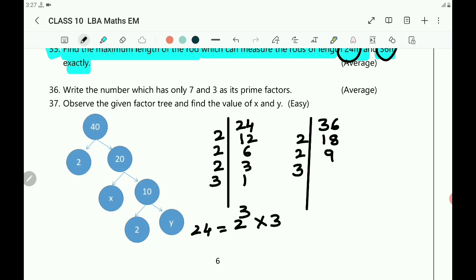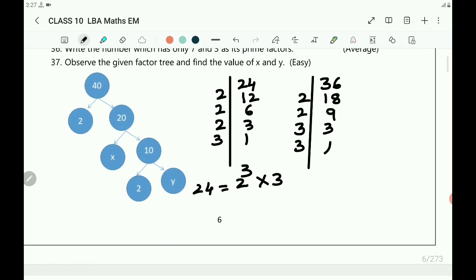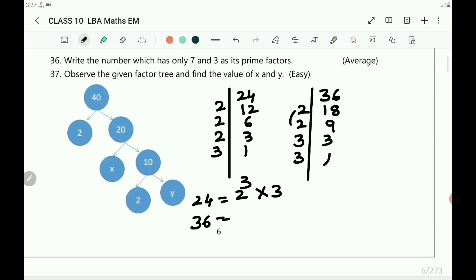So you divide it by 3. 3 3s are 9. 3 1s are 3. So you got that 36 equals 2 power 2 into 3 power 2.